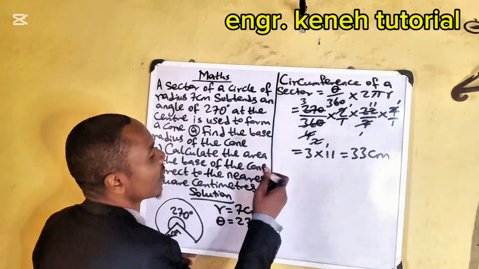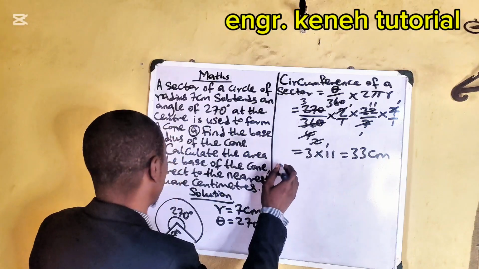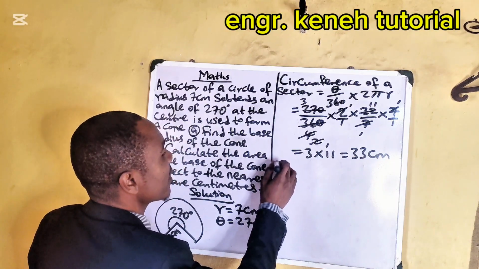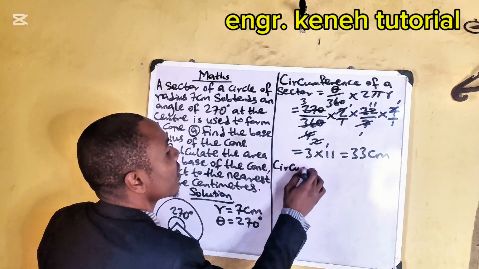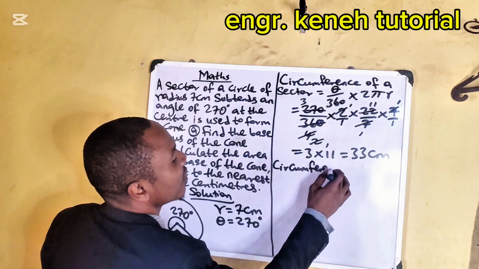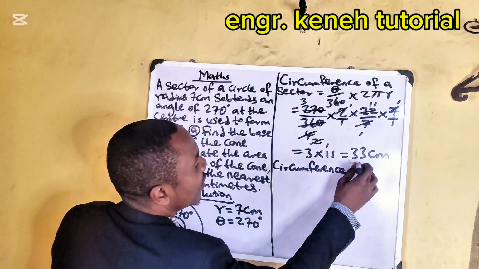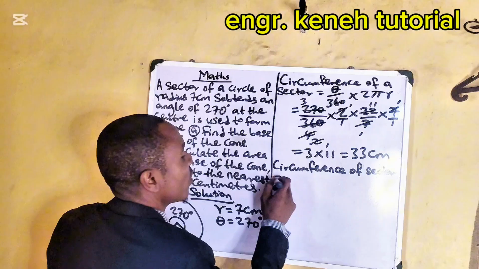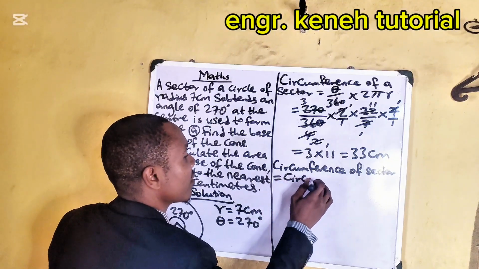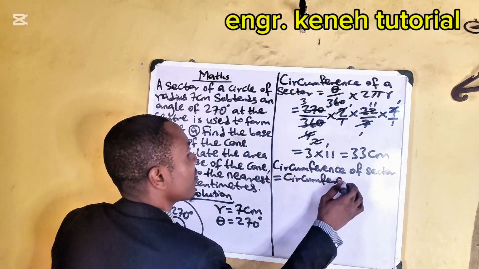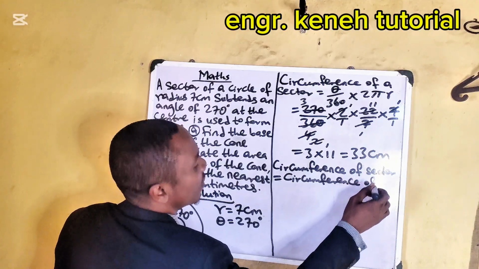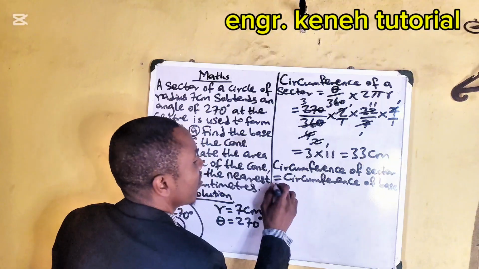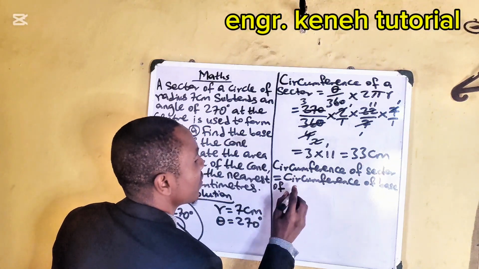So we have the circumference of sector is equal to the circumference of base of a cone.